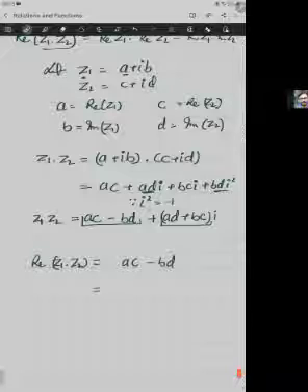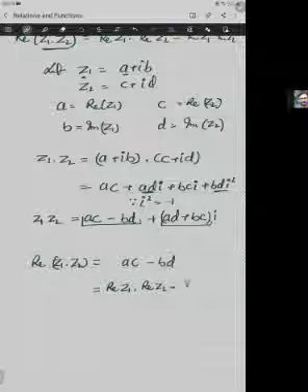So A is real Z1, C is real Z2, minus B is imaginary Z1 into D is imaginary Z2. Try to see, this only was the target. Hence proved.